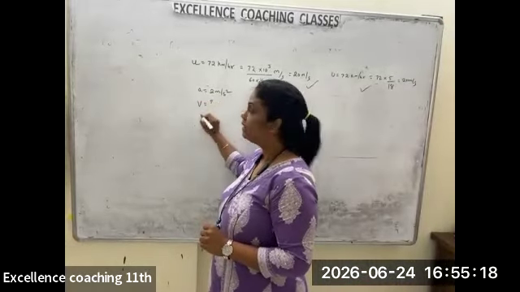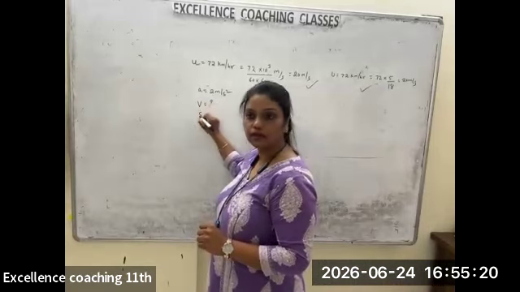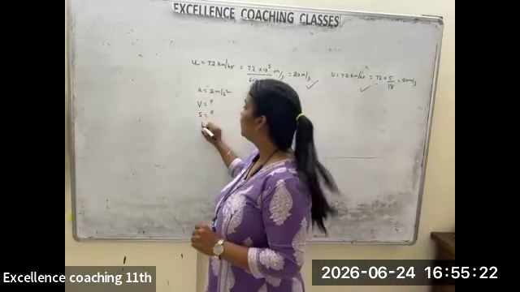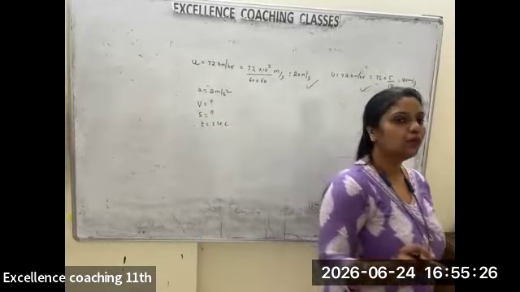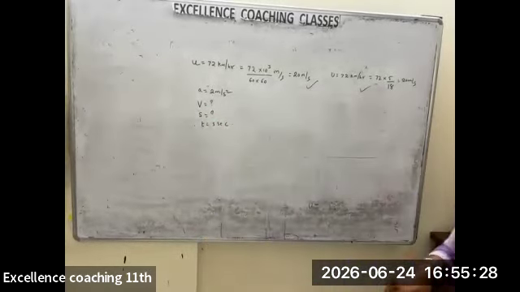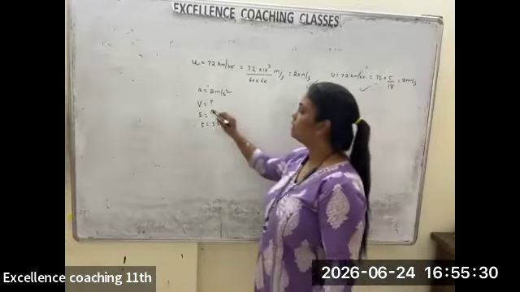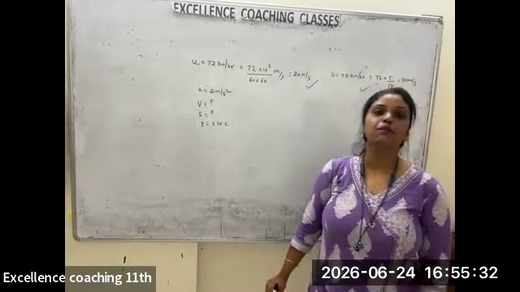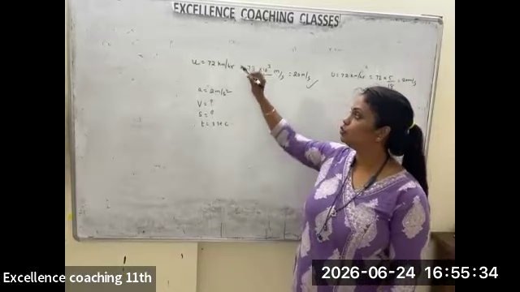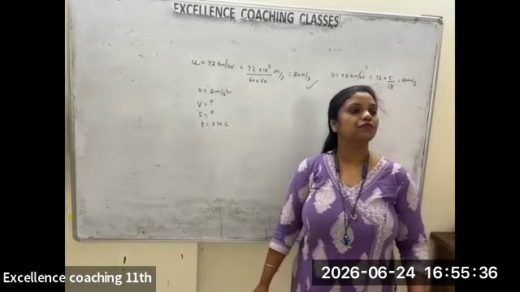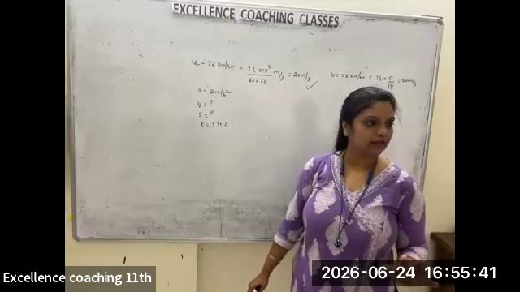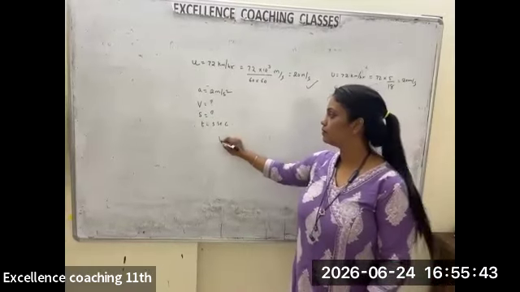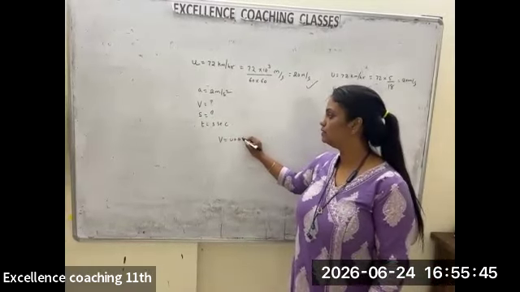Final velocity, and distance traveled, that is s, when time is 3 seconds. Now you can solve one at a time. Tell me, which one can you solve first? Can you solve v? Which formula will you use? When u, a and t are given, v is equal to u plus at. Simple? Yes? Solve it.